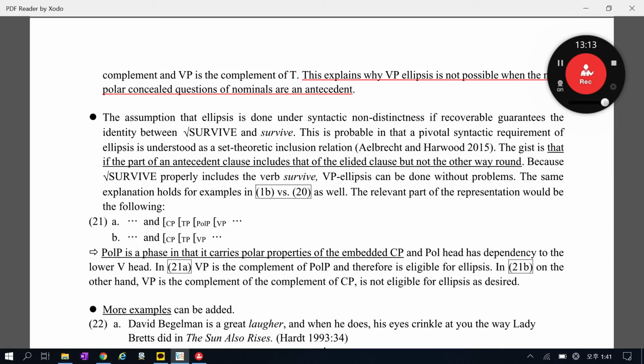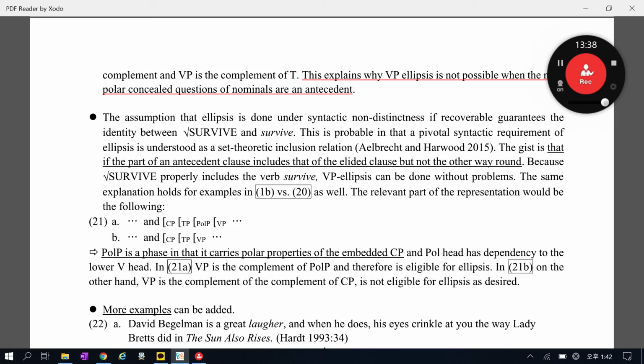The gist is that ellipsis is possible if the part of an antecedent clause includes that of an elided clause, but not the other way around. Because the root survive properly includes the verb survive, VP ellipsis can be done without problems. The same explanation holds for examples 1b versus 20 as well.